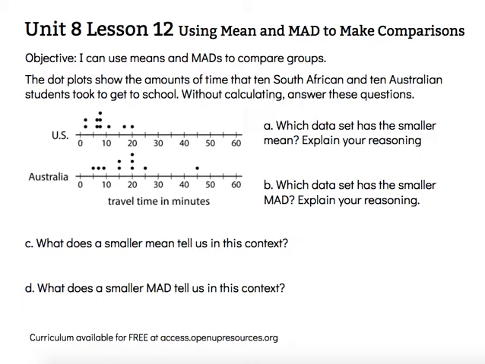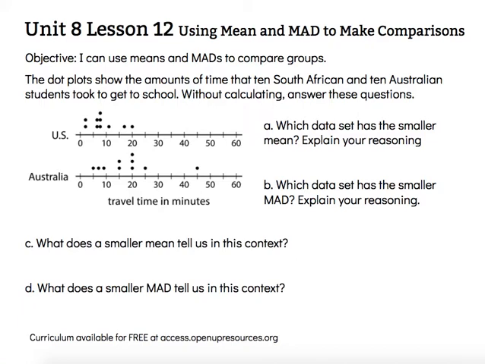The dot plots show the amounts of time that 10 South African and 10 Australian students took to get to school. Without calculating, answer these questions. A. Which data set has the smaller mean? Explain your reasoning. Again, when we're trying to find the center of the balance point, we think about a teeter-totter, and we think about where that fulcrum, that triangle, would need to be placed so that the data on the left is balanced with the data on the right.